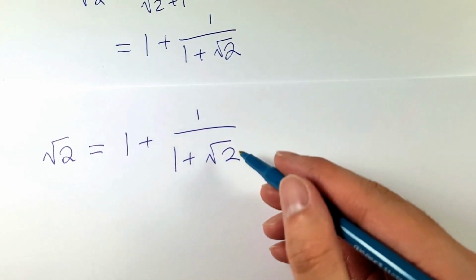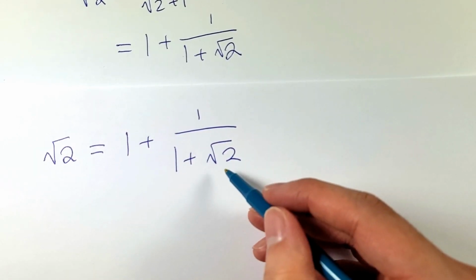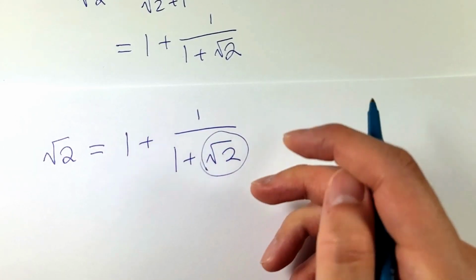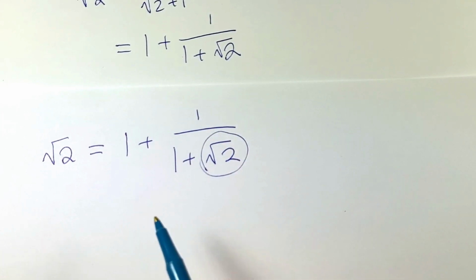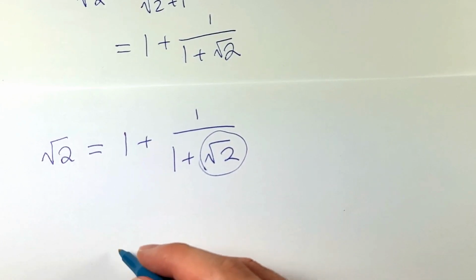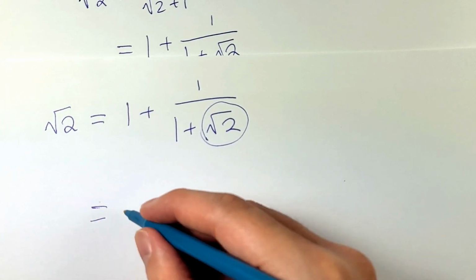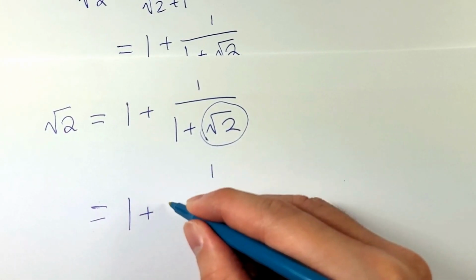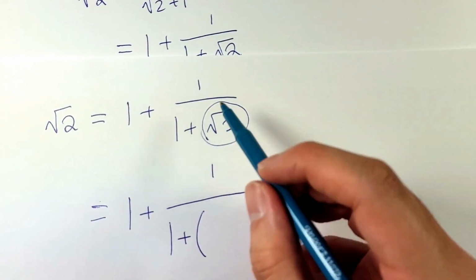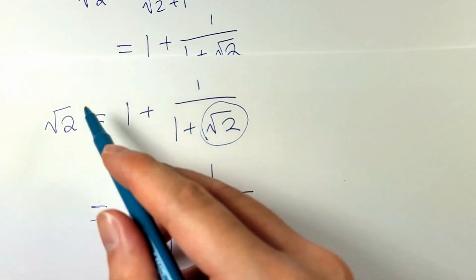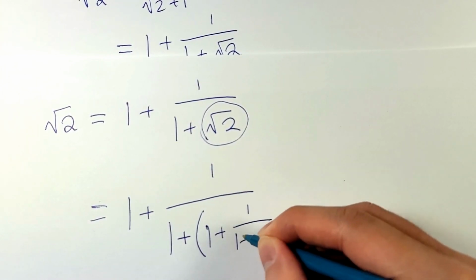Now here, notice that I have this number appear 2 times. So I'm going to pay attention to this number here. Because this number here equals this whole expression, I make the first substitution. That is, I'm going to write 1 plus 1 over 1 plus this thing right here, which is this thing over here, 1 plus 1 over 1 plus root 2.